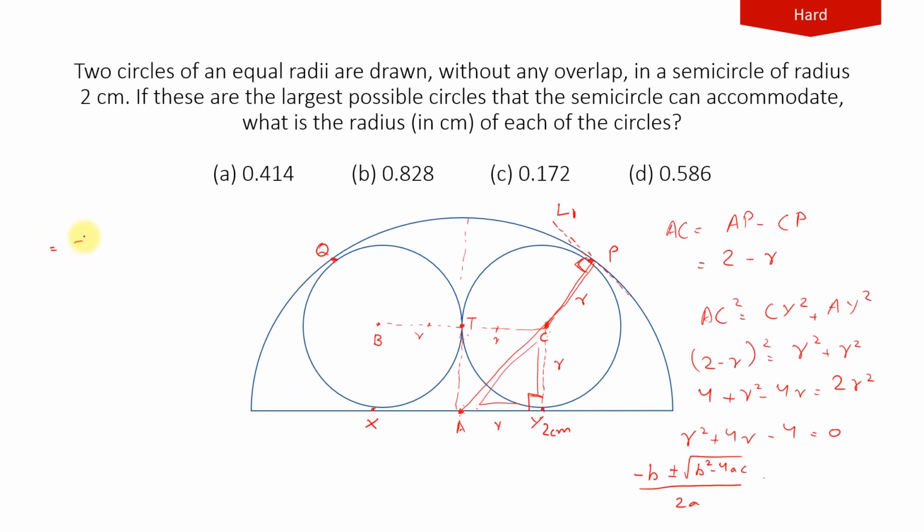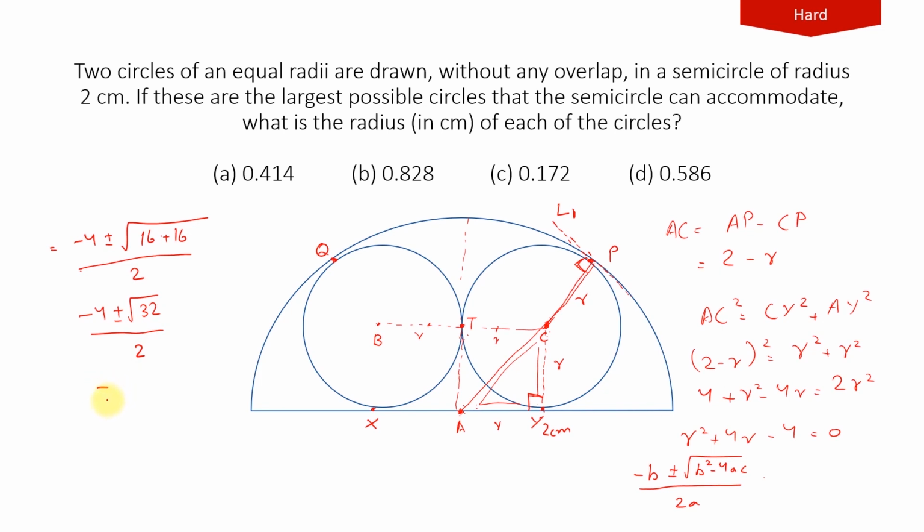Minus 4 plus minus under root 16 minus 4 multiplied by minus 4. So this becomes plus 16, since c is minus 4, divided by 2a. a is 1, so 2. So this becomes minus 4 plus minus under root 32 divided by 2.